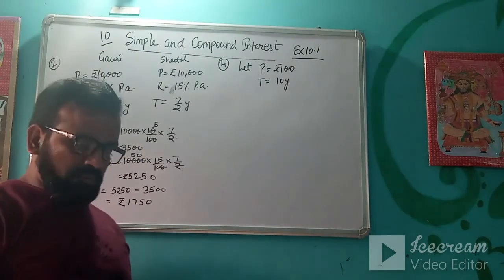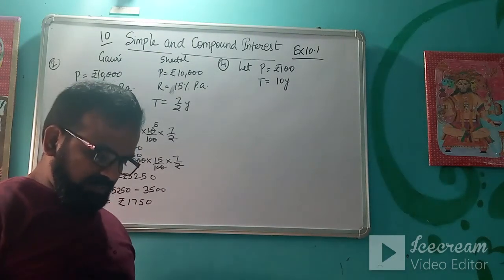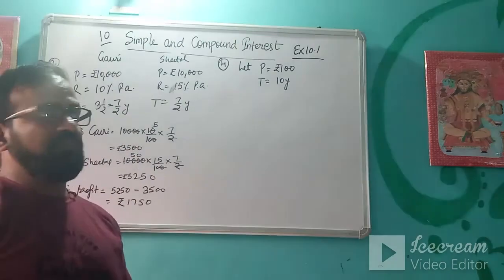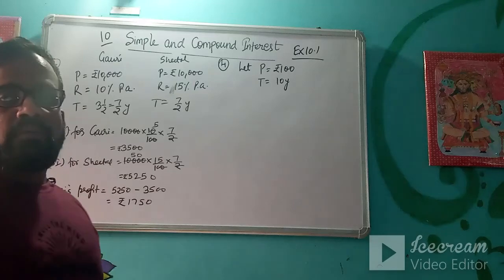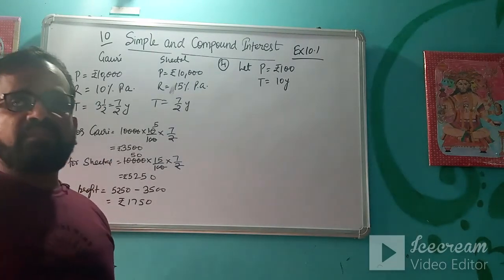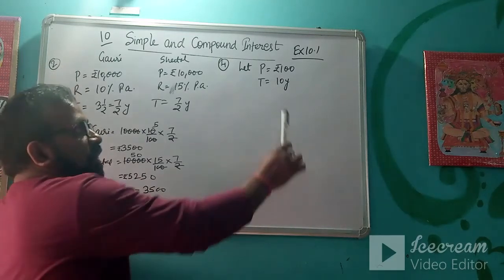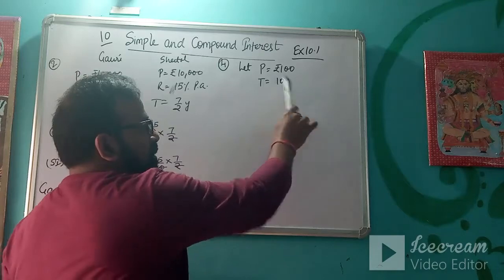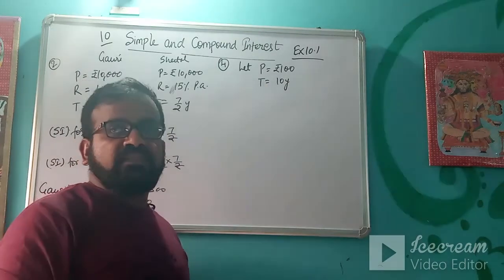Okay, so in question number 4, we have to calculate at what rate of simple interest a sum of money will double itself in 10 years. So let's assume principal is rupees 100 and time is 10 years.